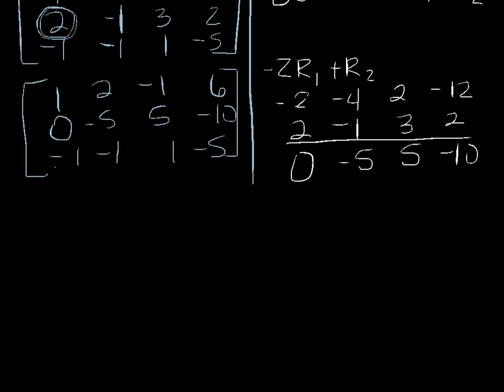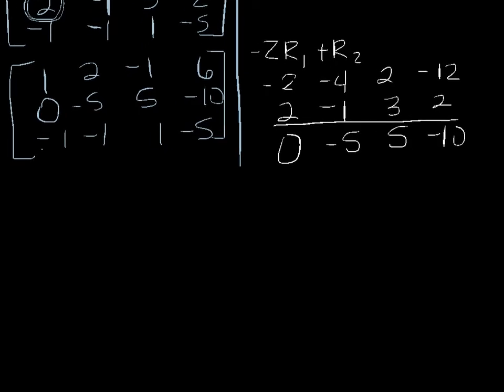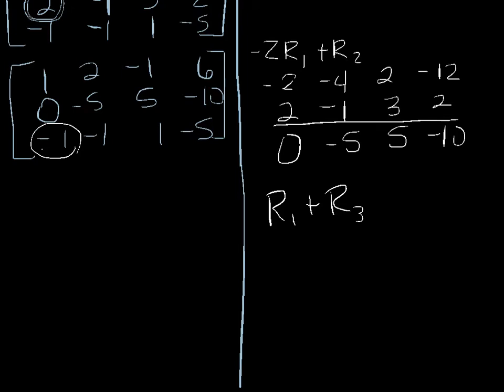Next, I want to make sure that I eliminate that negative 1 in my third row. In order to do that, I'm going to add row 1 to row 3. So I want to use row 1 to help eliminate that. Notice I have that negative 1 here, and if I add that to my 1, those will eliminate.